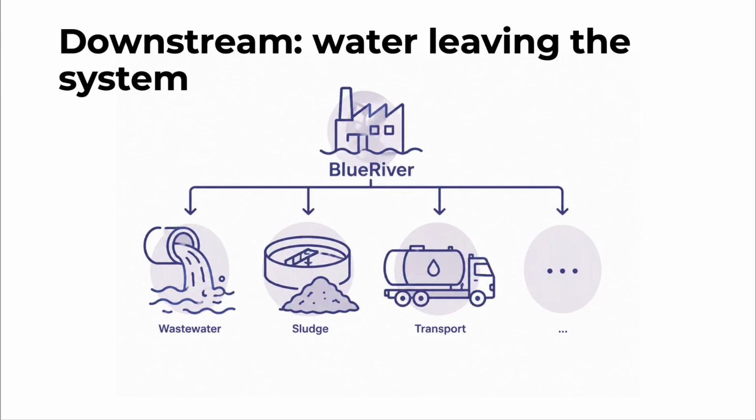Next, downstream. Water leaves the system as wastewater, as sludge, through transport-related activities, and sometimes through product use, depending on how the product behaves. This is where impacts often become visible externally.